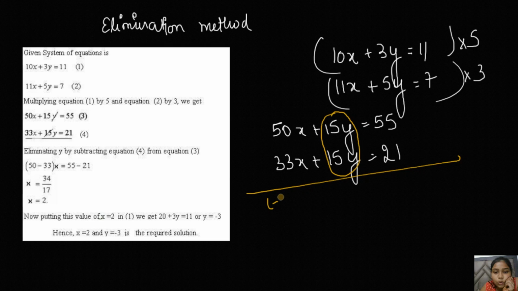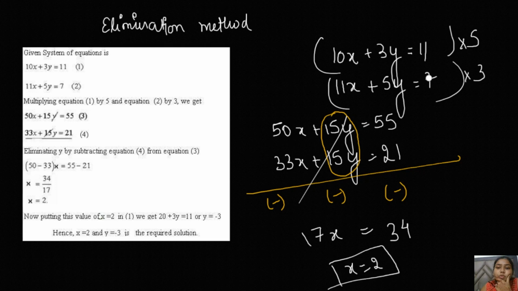The 15y will be cancelled out, and it will be equal to 34. x will be equal to 2. Now you can substitute this value of x in either equation. Like I'm substituting it into 2x plus 3y equals 11. So we will get 4 plus 3y equals 11, or y equals minus 9 by 3, or y equals minus 3.